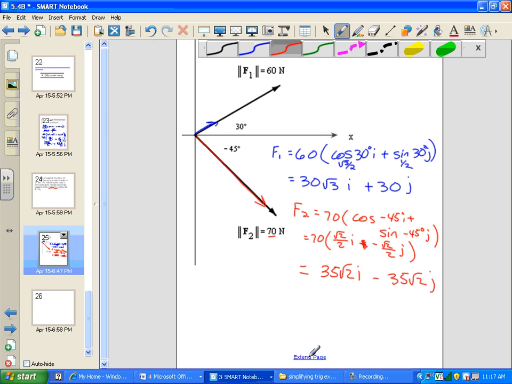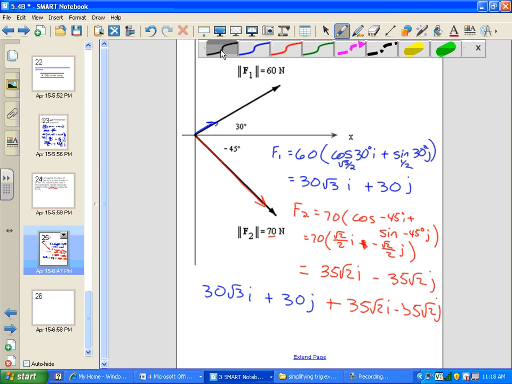The first vector was 30 square root of 3 i plus 30 j. Now we're going to add that to the second vector, 35 square root of 2 i minus 35 square root of 2 j. And now let's get the result.